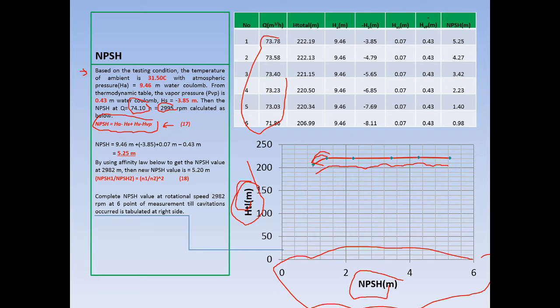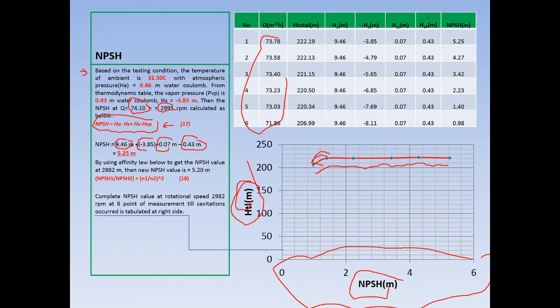NPSH is 9.46 atmospheric pressure, minus the suction pressure at the time, plus the pressure difference of the velocity, and this is the vapor pressure. Quite interesting data.